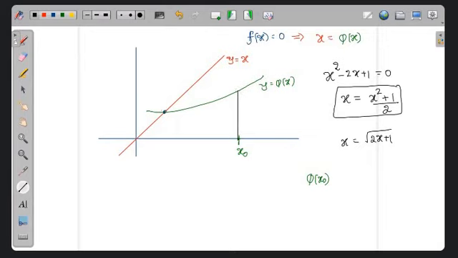Go to this location because, sorry, let me change the graph a little bit so that it is comfortable. Alright.